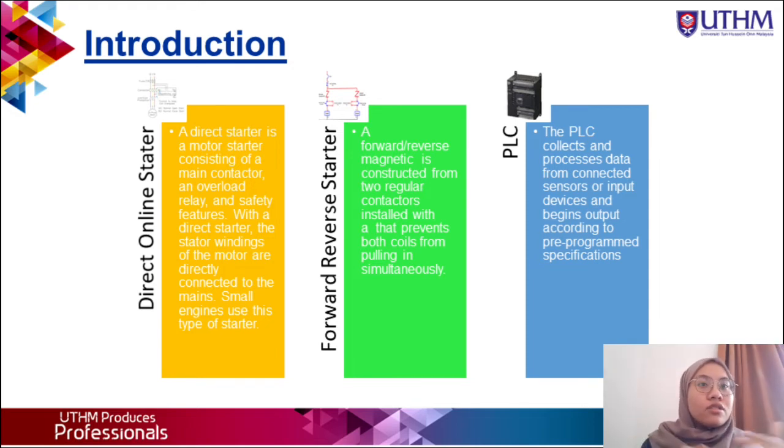Therefore, we need to press the stop button first, then we can press the reverse push button. So interlock occurs when the two don't interrupt each other when either one is pressed.